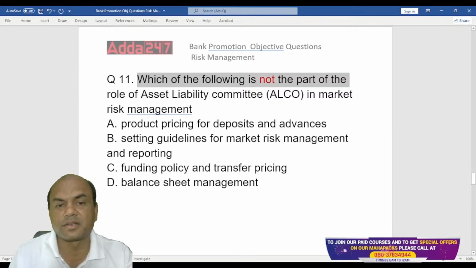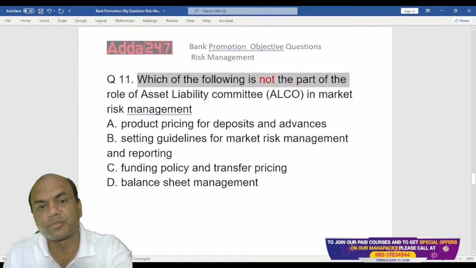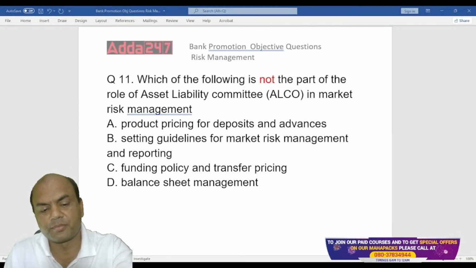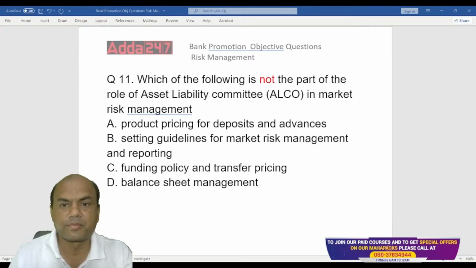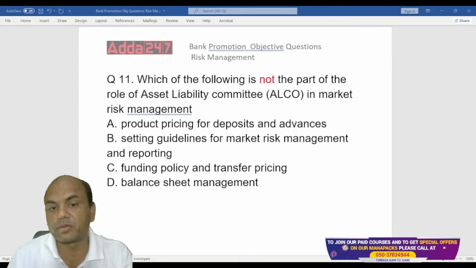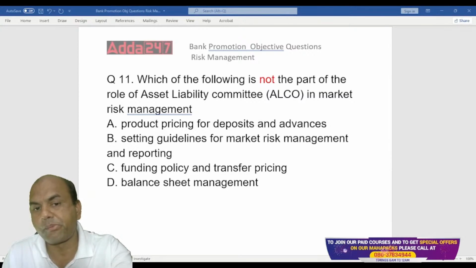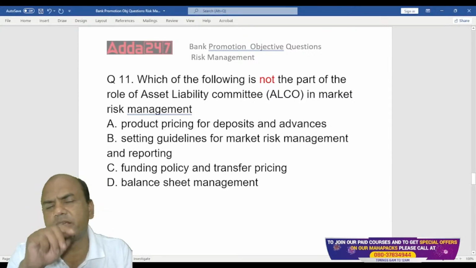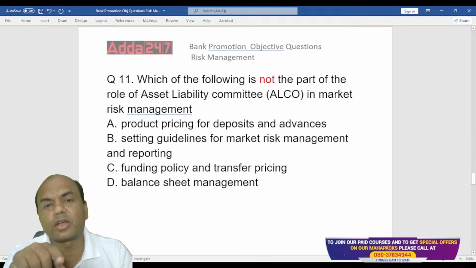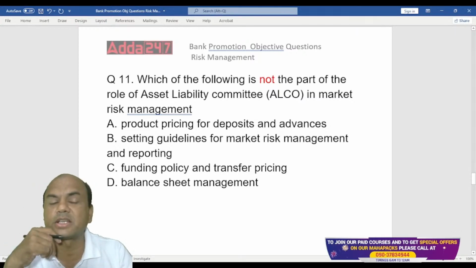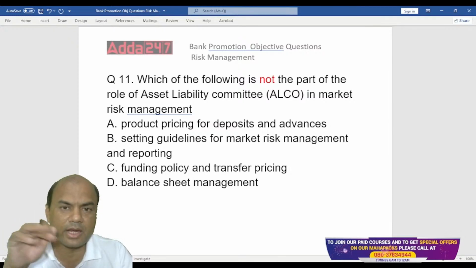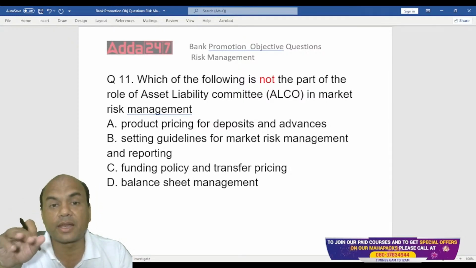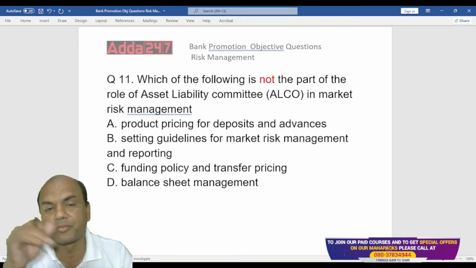Important one, isn't it? What do you think? Not a part of ALCO. What did I say? I just gave you the sequence. What was that sequence? First is board of directors. Then comes RMCB, the risk management committee to board.